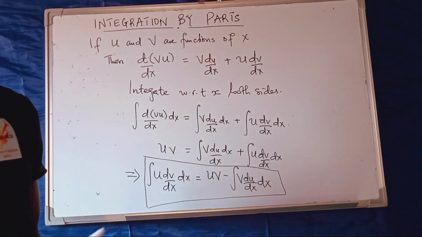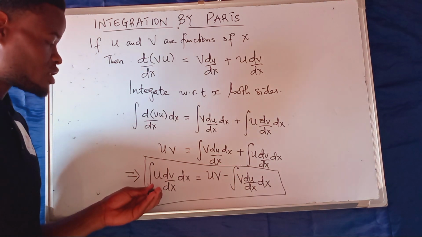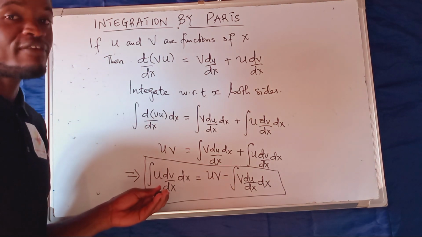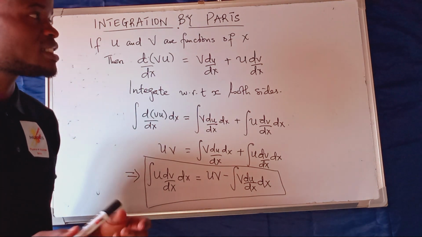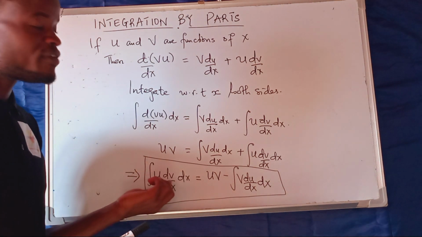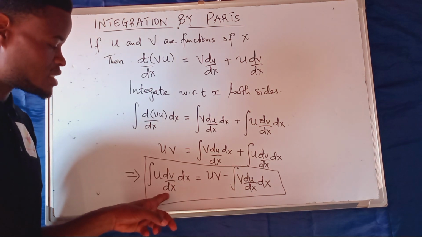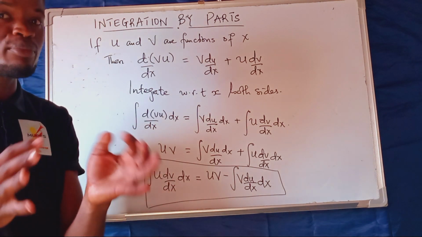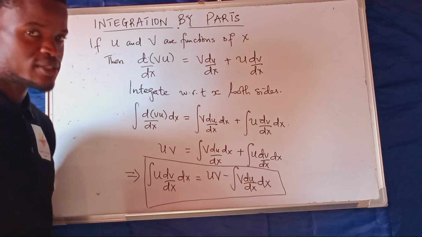I'm going to explain a few things here. If you look at this function on the left, it is the function that is always given to us. It means that it has two different functions, u and dv by dx, and their product is what we are integrating with respect to x.